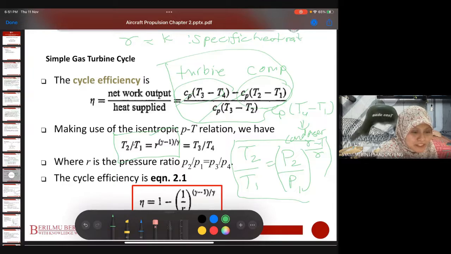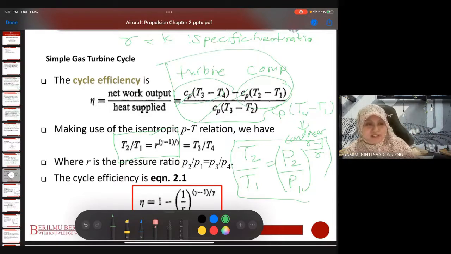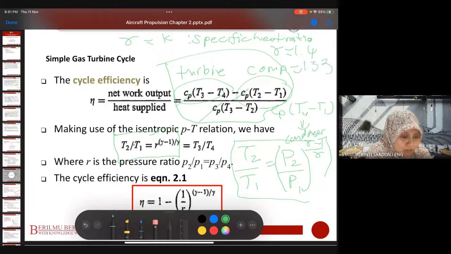These values you don't need to memorize, just know them. The specific heat ratio has no unit, it is dimensionless. Normally for ideal gas, for air, we assume the value is 1.4 or sometimes 1.33, around 1.2 to 1.4. Gamma is a fixed, constant value.